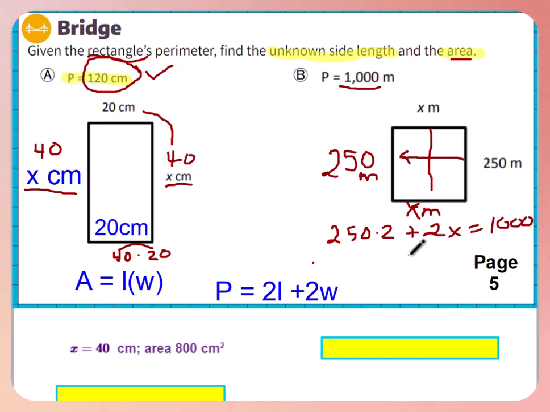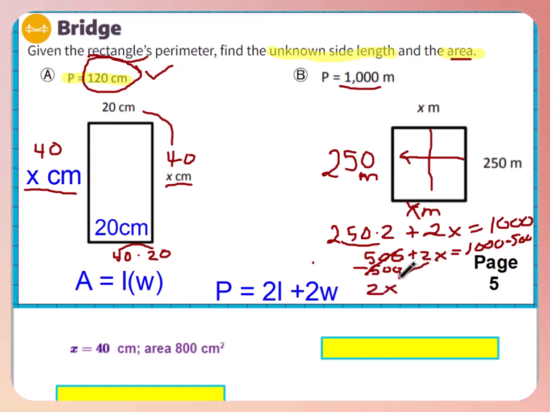Now let's solve that equation. 250 times 2 is 500. So 500 plus 2x equals 1,000. Subtract 500 from both sides. 1,000 minus 500 is 500. This cancels here. Bring down the 2x.